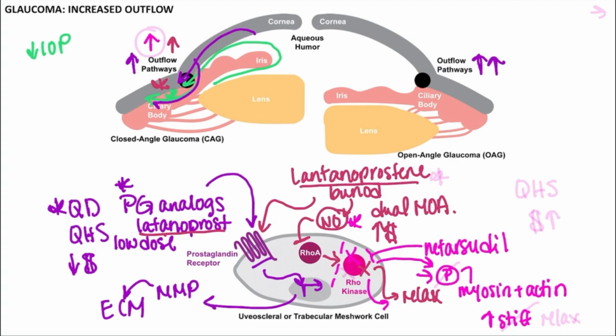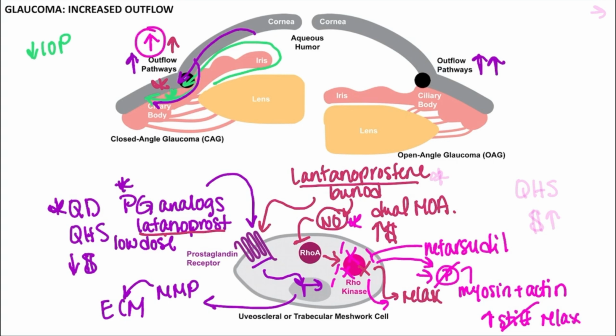But with Rho kinase being active, that phosphatase cannot exert that effect. So we have this cell stiffness. But once we can actually inhibit Rho kinase with Netarsudil, that phosphatase is then free to dephosphorylate that myosin so that we can get relaxation in the trabecular meshwork and promote that outflow.